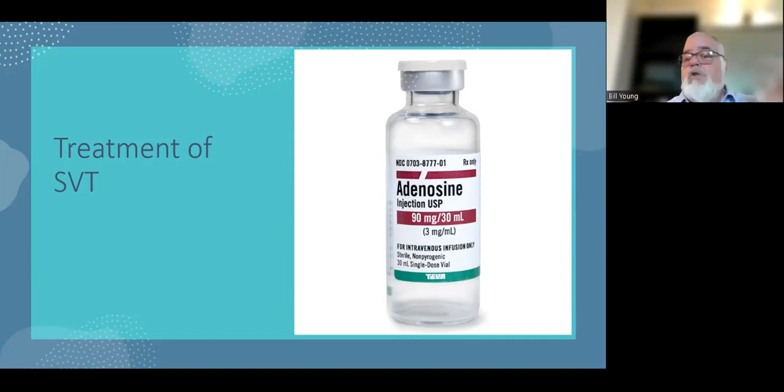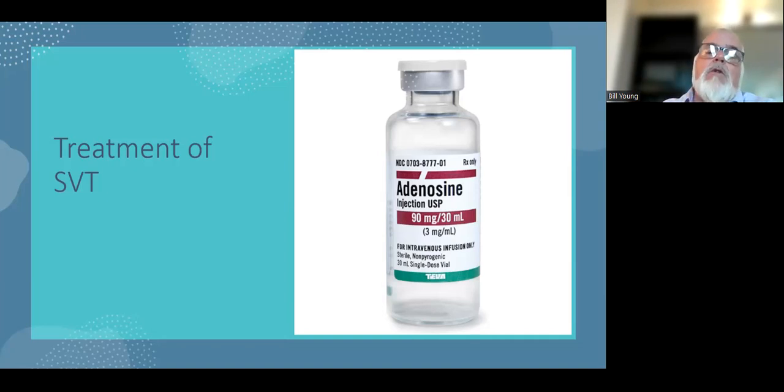Your partner, which could be an EMT, there's absolutely nothing wrong with your EMT doing this, would be up with the bag, squeezing the bag as soon as you start giving it. So rather than pushing it and then giving the flush, we've got the flush going at the exact same time. That's another way, and that's actually my preference. That's just Bill's preference. One is not better than the other.